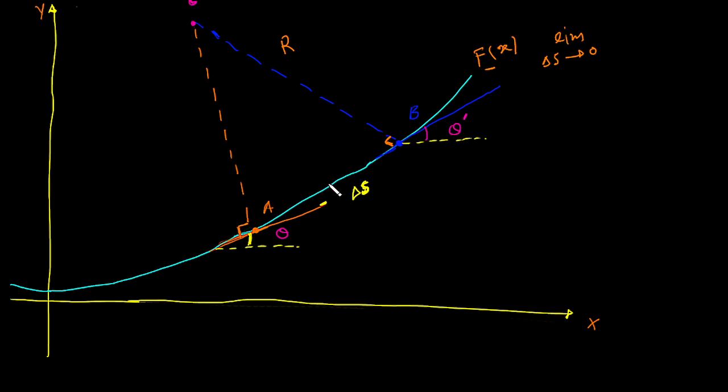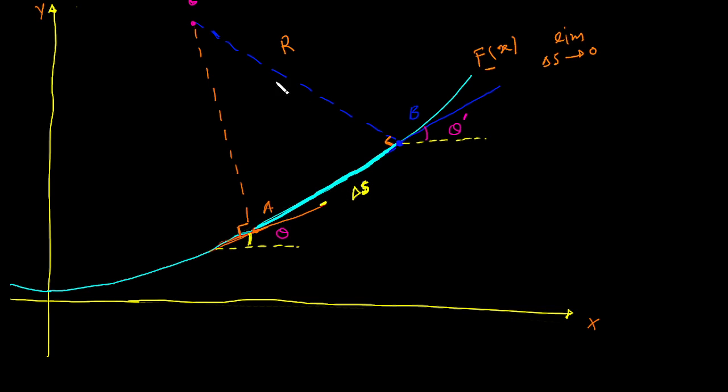So now we can say that this arc from this point A to this B will be infinitesimally small, very small.